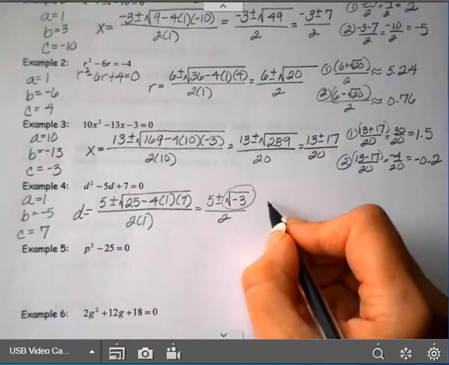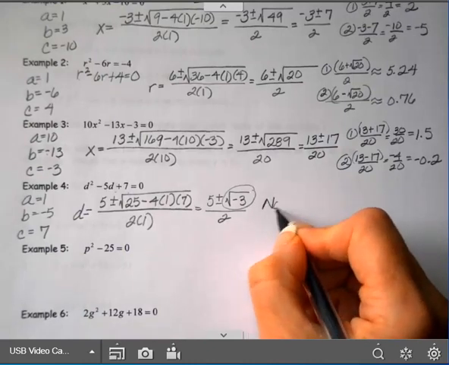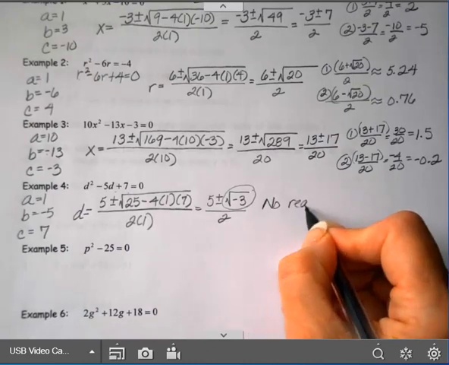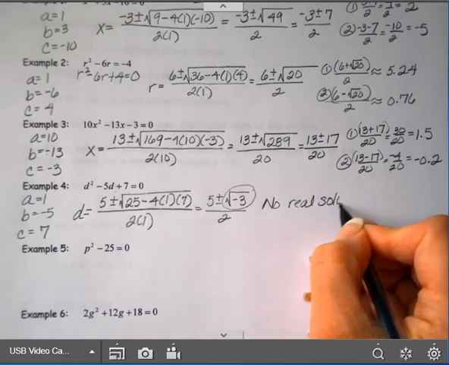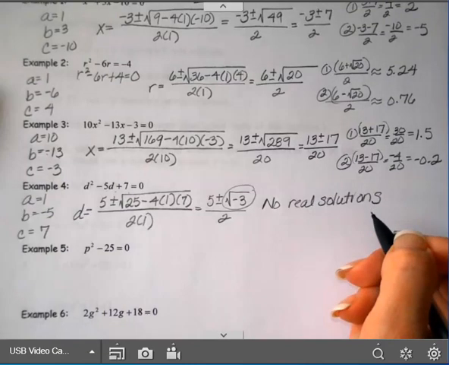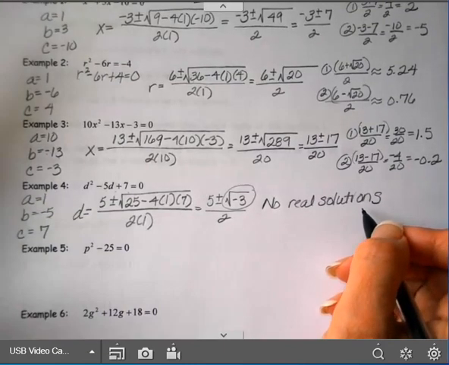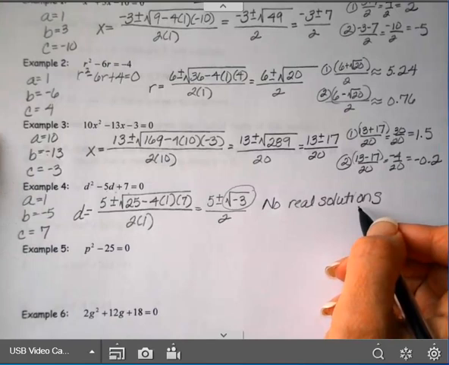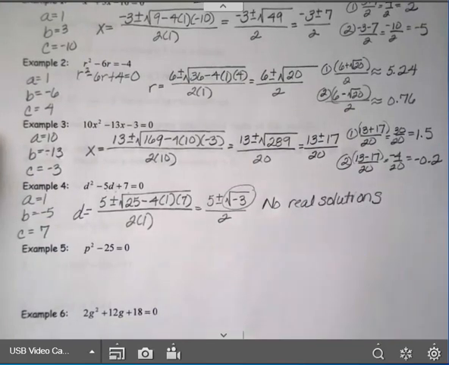So on this answer, there are no real solutions. In later classes, you'll have imaginary solutions, but for this class, we are just working with real solutions. So there are no real solutions for this problem. That's what you'll just need to state if you get a problem like that.